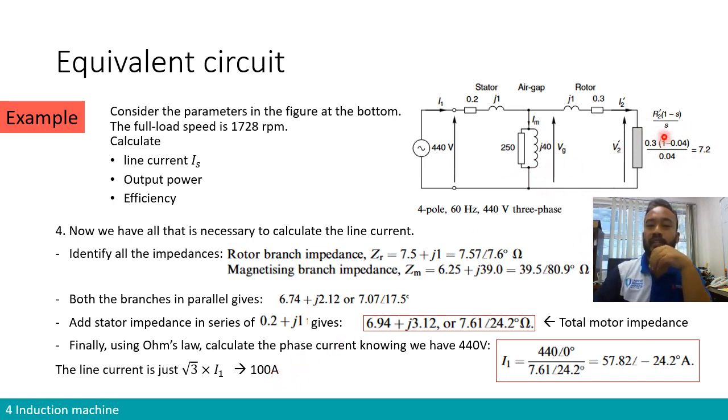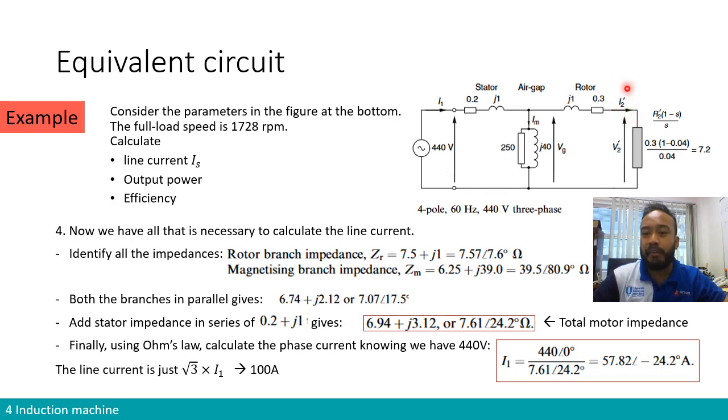So the load that induces a slip of 0.4 will pull a line current of 100 amps in this machine. So output power, how do you calculate output power? Output power is the power consumed by the load resistor. So it's I2 prime squared multiplied by R, because the power consumed is R I squared, right?